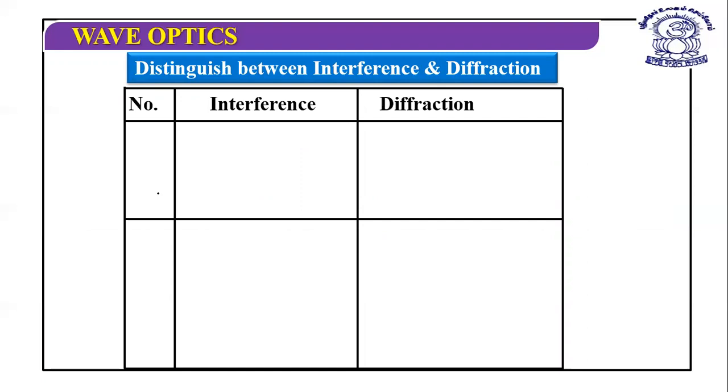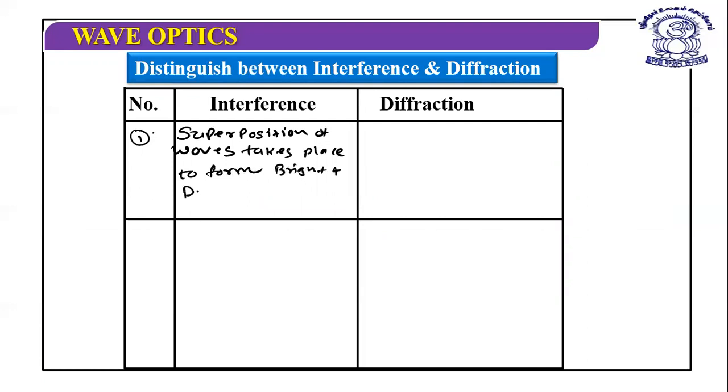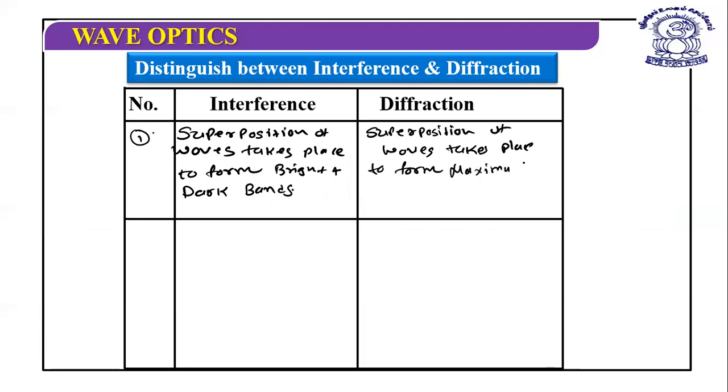First, in interference, the superposition of waves takes place to form bright and dark bands, whereas in diffraction, the superposition of waves takes place to form maxima, regions of maximum intensity, and minima, regions of minimum intensity.